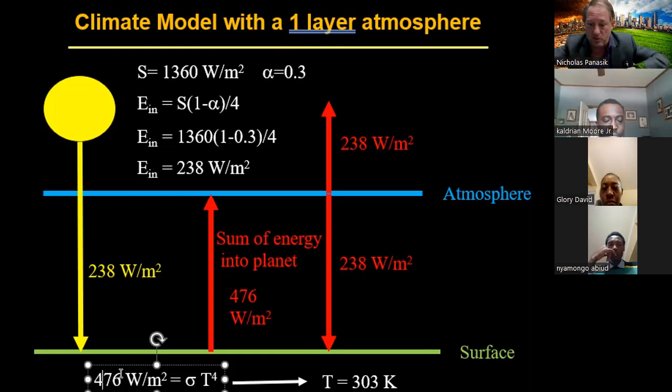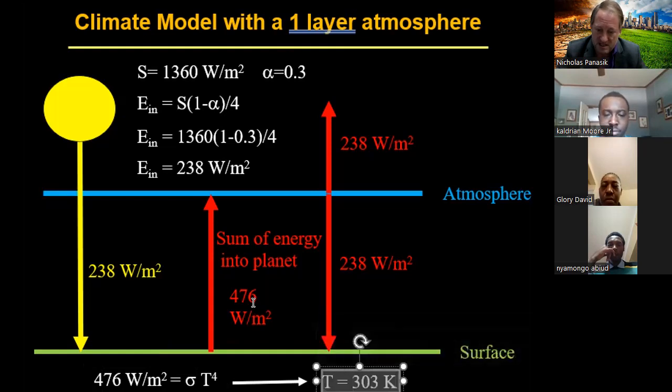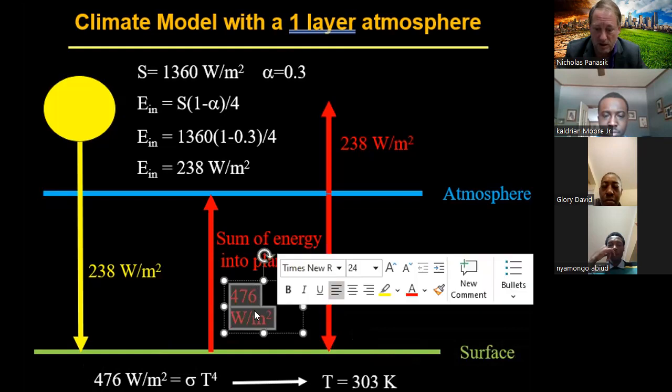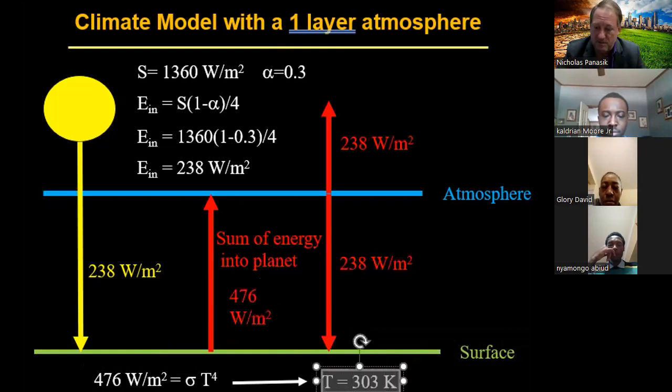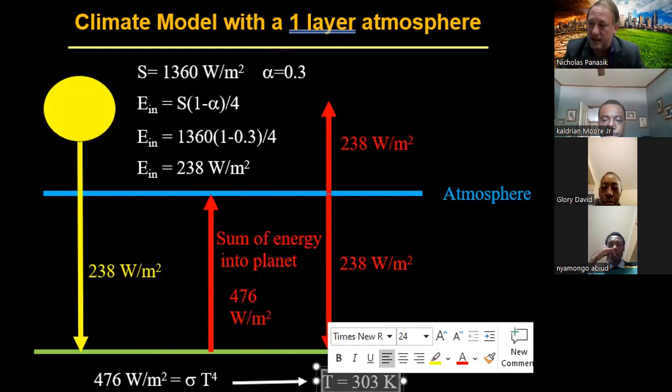The square root of the square root, and that's going to give you a reasonable number. And in this case, to generate 476 watts per meter squared out of the planet into the atmosphere, the planet would have to be 303 K.